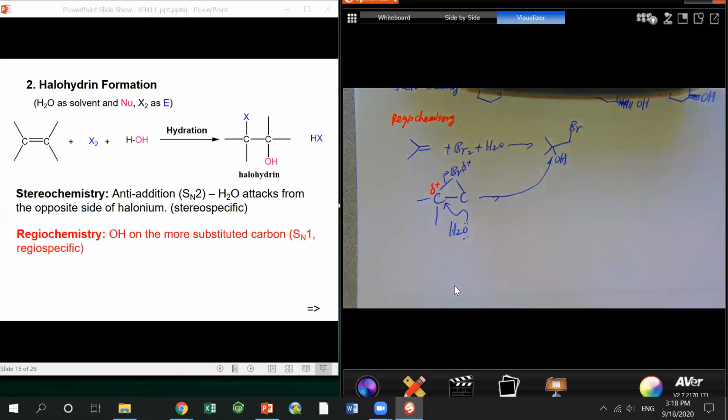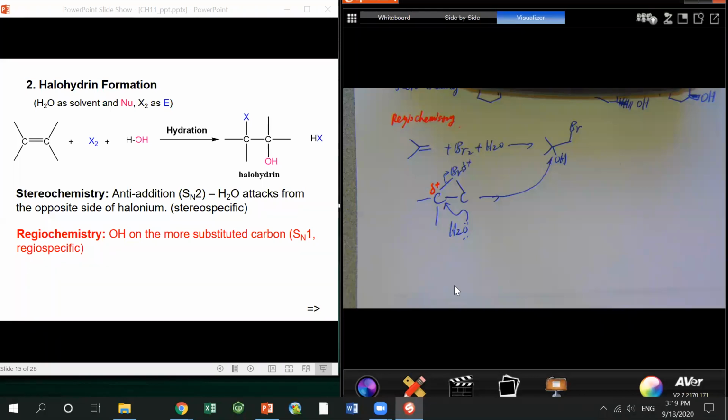So that's the thing to keep in mind. Also, when I was an undergraduate learning this reaction, I was thinking about how to remember where the bromine goes and where the OH goes. You just think of bromine as the hydrogen, so that you can apply the Markovnikov rule, rich get richer.